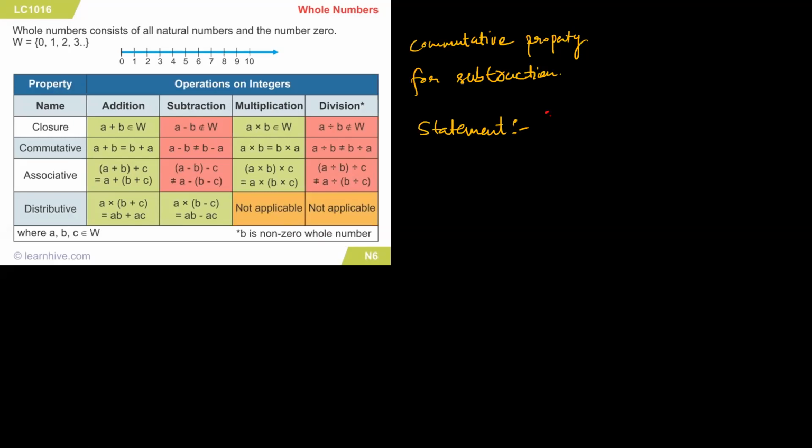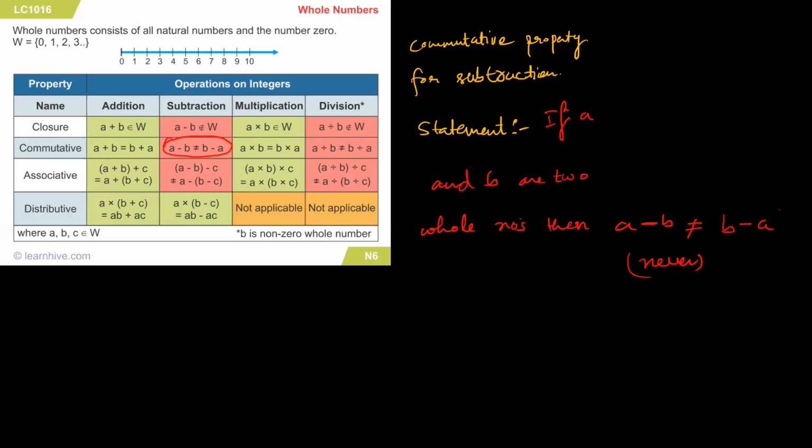Statement is if A and B, as you can see here, commutative property for subtraction given here. So if A and B are two whole numbers, then A minus B will never be, right? The word is never, okay? Will never be equal to B minus A.